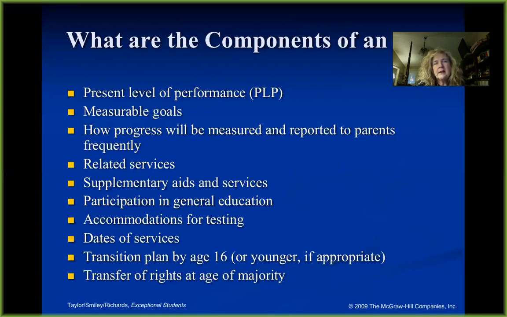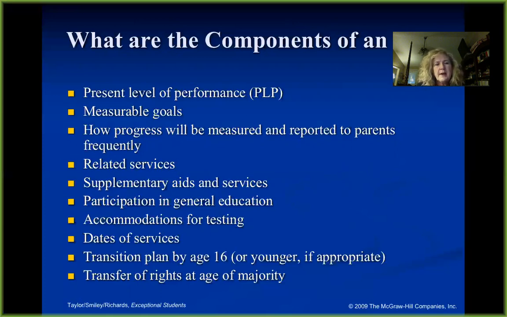We talk about any support services that the student might need to reach those goals, whether they need some occupational therapy or physical therapy or adapted PE or maybe music therapy or transportation services, all kinds of things that the student might need. We might need to go into the home and help the parents with in-home training or other kinds of things like that.